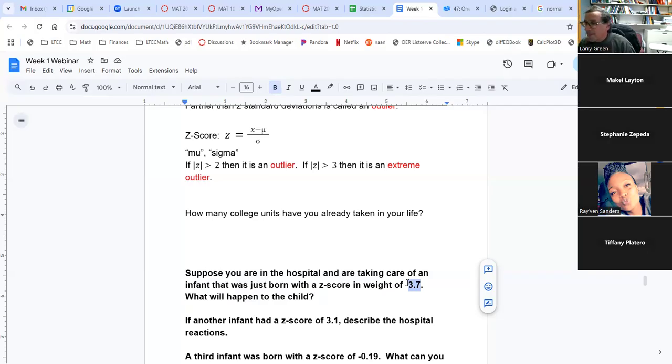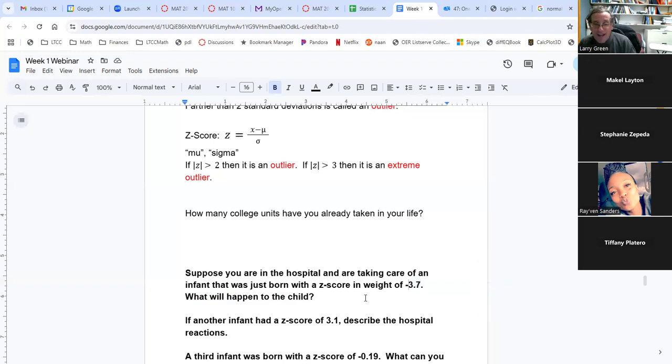You see? So this is an unheard-of low weight, and babies don't live when they're that small. That baby is probably going to die. It's sad. I don't want to be depressing. There's a chance that maybe you'll be able to do something and help that baby, but that baby is going into the ICU immediately. Does that make sense? It's not just a little underweight. It is extremely light. Do you see that?